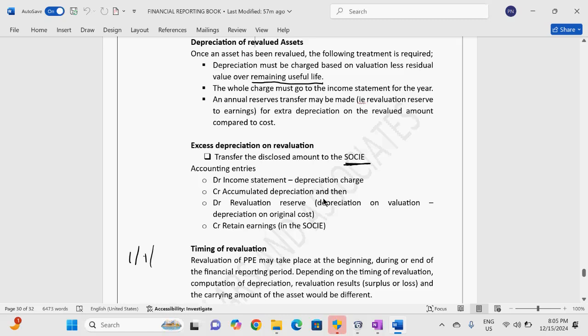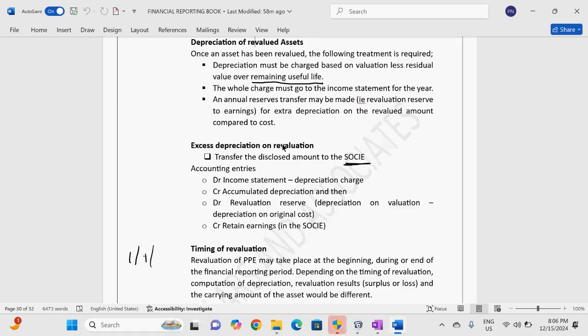Debit income statement, credit accumulated depreciation, debit revaluation reserve, credit retained earnings. Excess depreciation means that you have overcharged the depreciation. Depreciation reduces our surplus, our equity. It reduces our retained earnings.